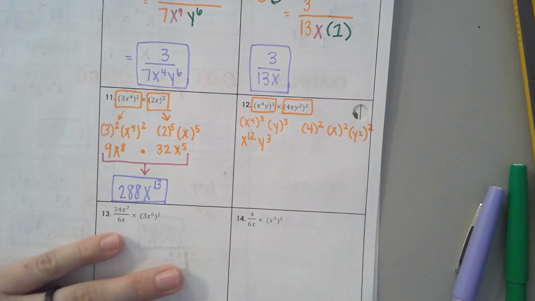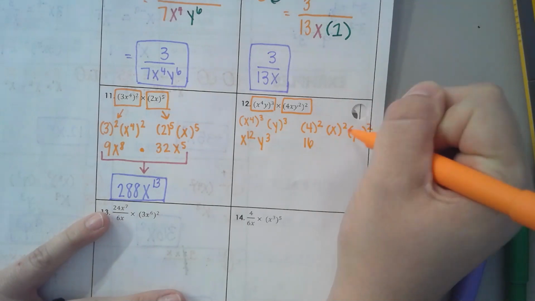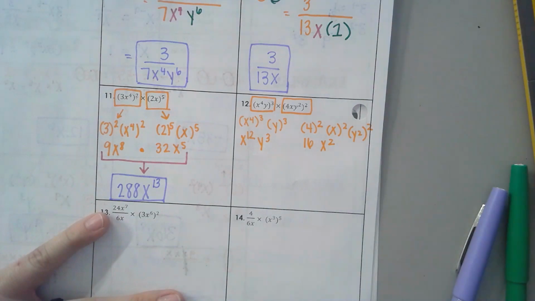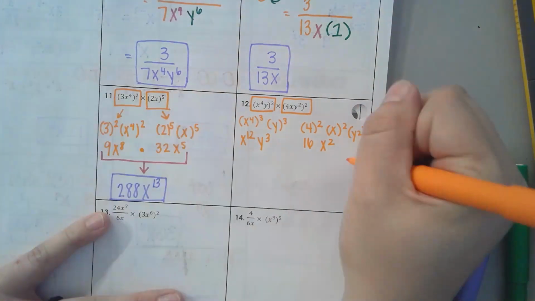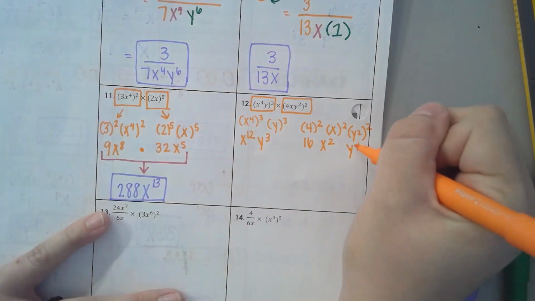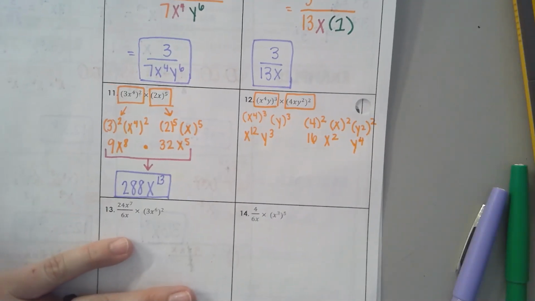What is 4 squared? 16. What is x squared? X squared. What is y squared squared? 4. Y to the 4th. The exponent's 4. Did you say 2 squared 2? You said that so where I swear it was an 8.